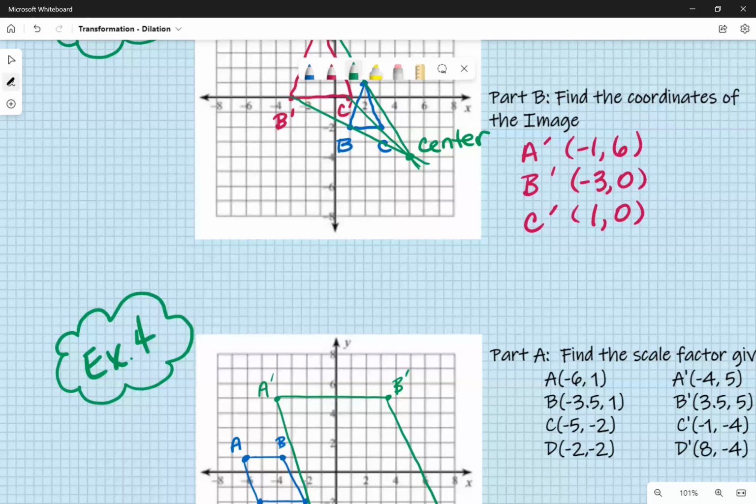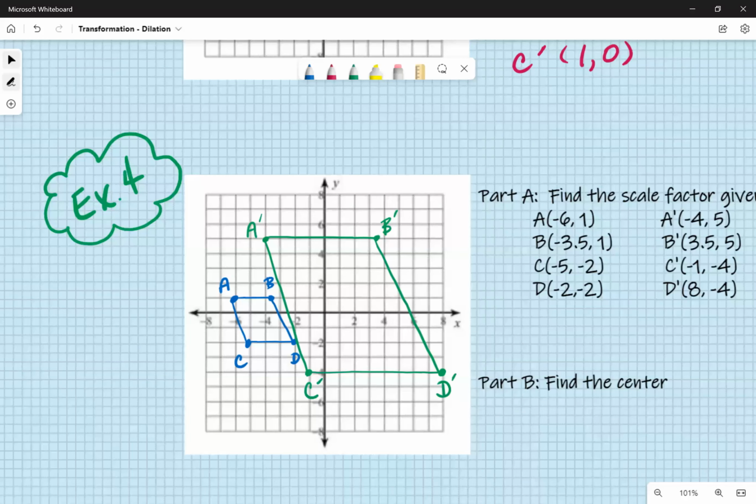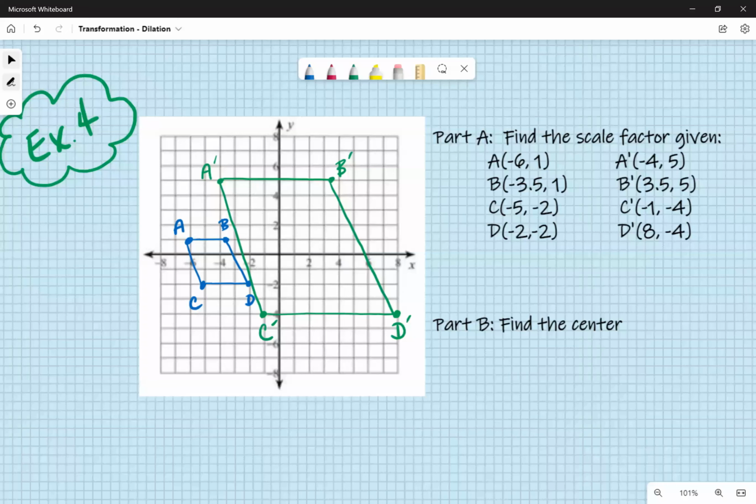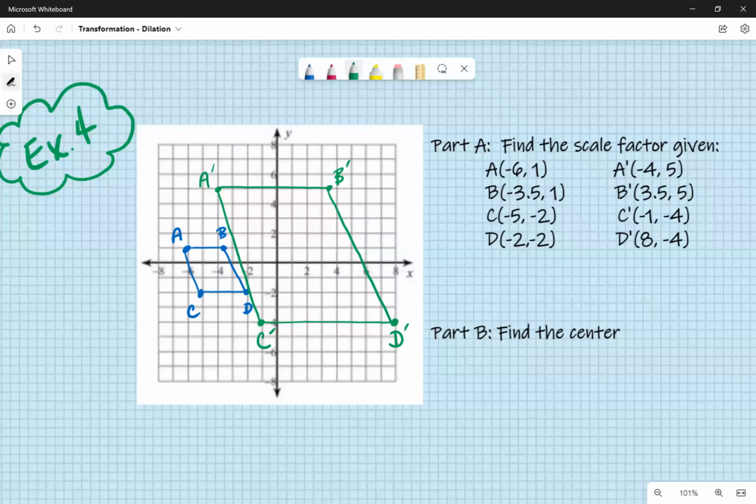So example 4, last one. You have been given the graph, but now you're asked to find the scale factor, and you're also asked to find the center. So what I would suggest is you would want to see how many units you started off with, horizontally or vertically if you want to.